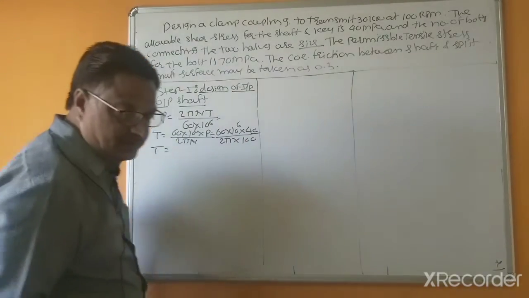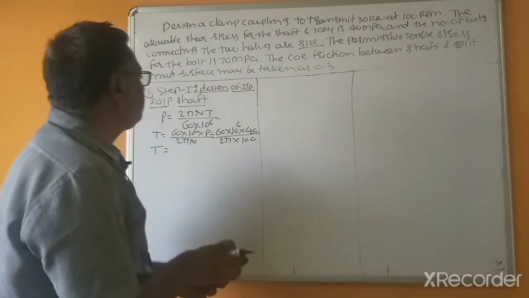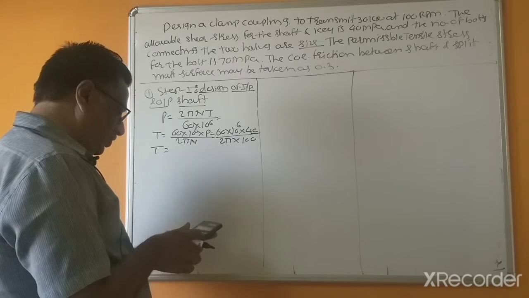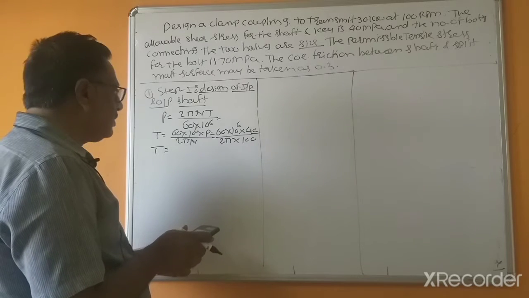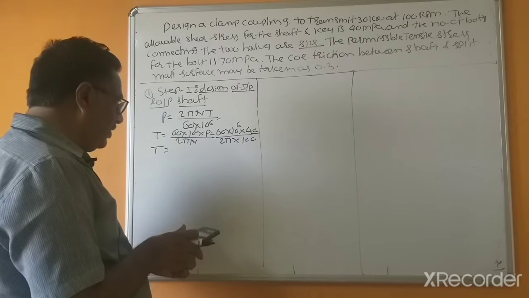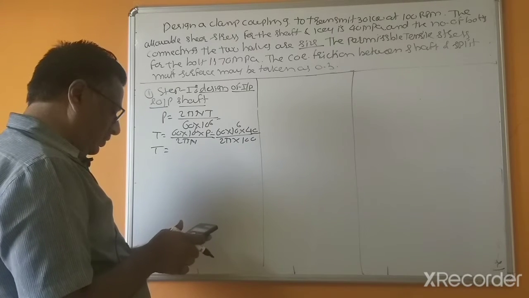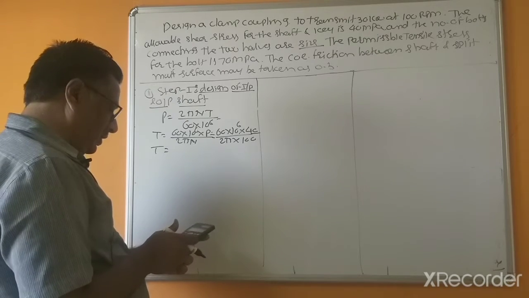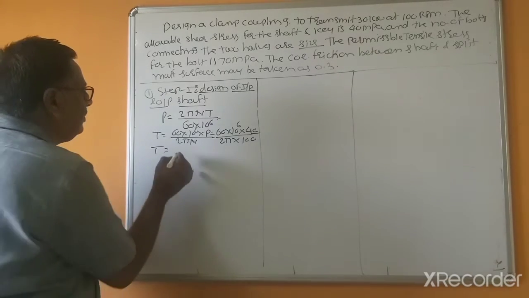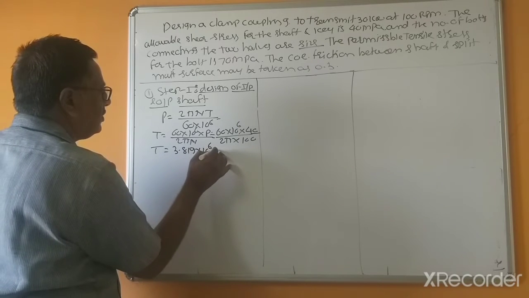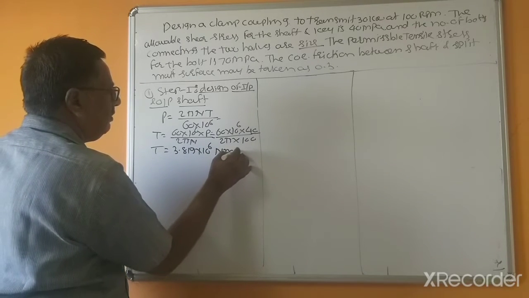T equal to 60 into 10 to the power 6 multiplied by 40 divided by 2 pi into 100. This is equal to 3.819 into 10 to the power 6 Newton mm.